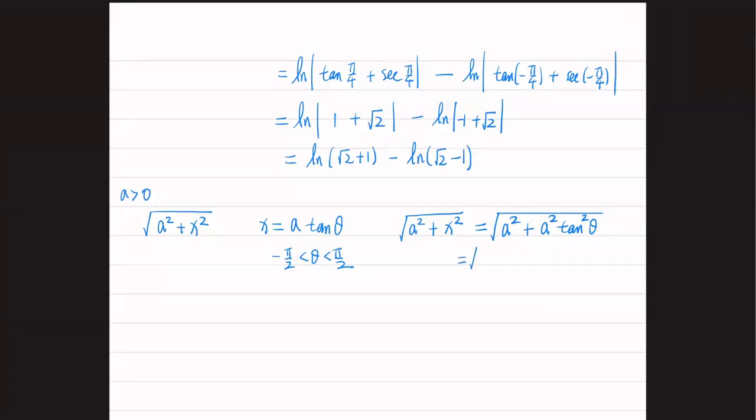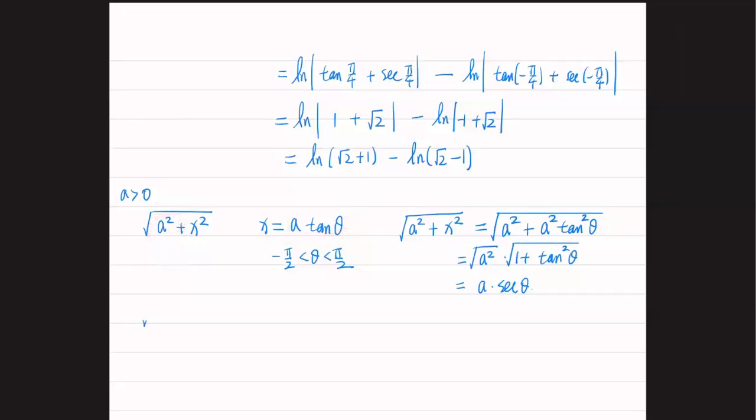It will be the square root of a squared times the remaining 1 plus tangent squared. Because a is positive, it's just a. On this domain, this is secant squared, and secant is positive, so just secant. So if we have a variation, instead of 1 we have a squared here, then our substitution will have a.